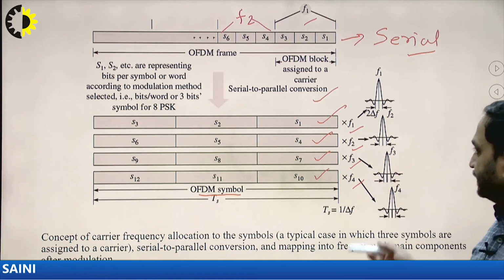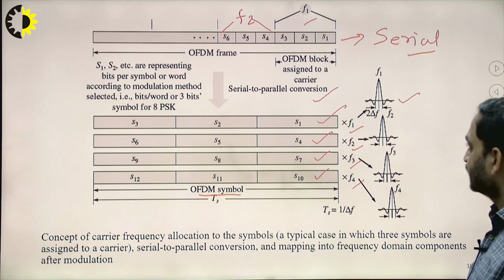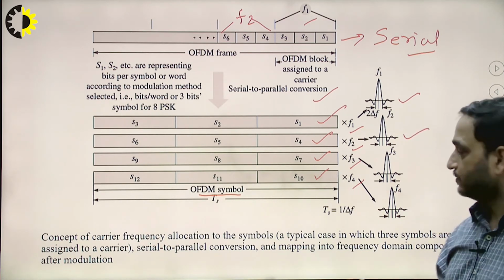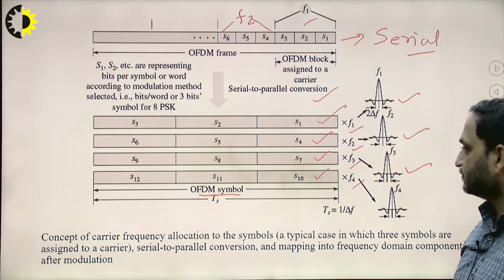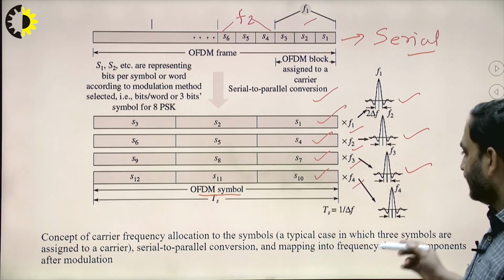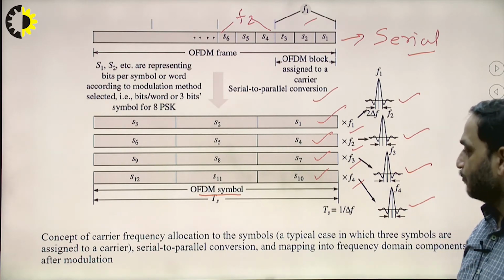So when we multiply, the response will be like this. This is a modulated signal with the carrier frequency F1. This is a modulated signal with the frequency F2. This is a modulated signal with the carrier frequency F3. And then we have the last one, the signal modulated with the carrier frequency F4.